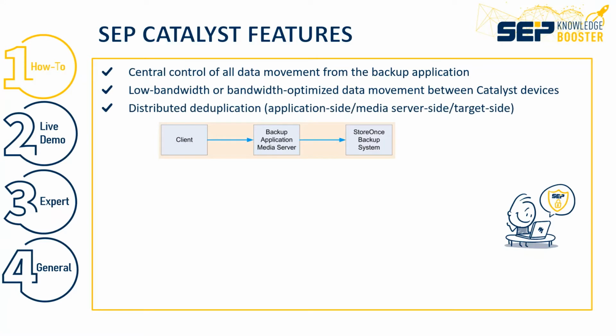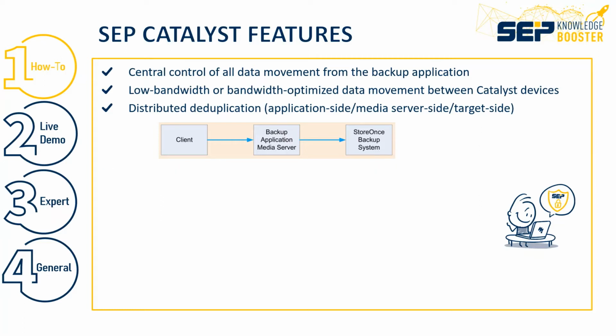And in this picture, you can see that we support different combinations that you can write to the StoreOnce, and we can let the StoreOnce appliance do the deduplication work. We can use the backup server or our media server, which is called a remote device server, and we can do the deduplication work on the backup server and then transport the deduplicated data to the StoreOnce, which helps in terms of the amount of data you have to transport to the StoreOnce.